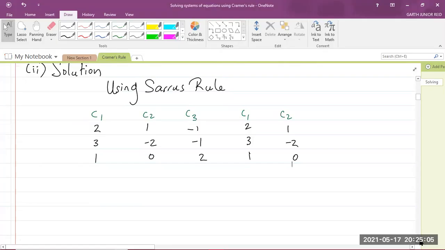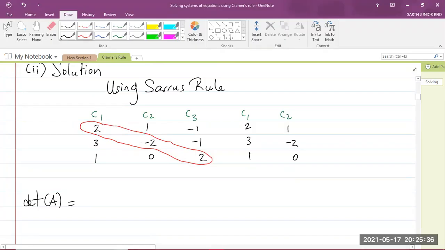Those are the columns. Remember that we're trying to find the determinant of the matrix A. So this is what I'm going to do now using Sarrus' rule. I am going to find the product of the diagonals. So the first diagonal is going to be 2, -2, 2. We're going to multiply those elements together.